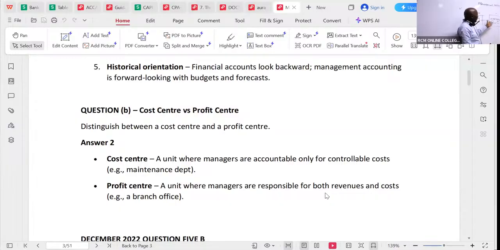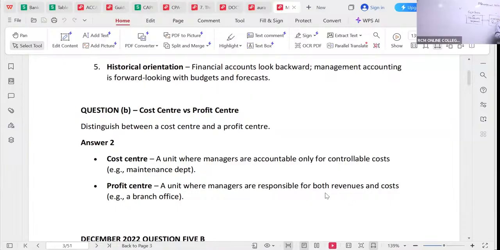Do we invest some of this money in a money market fund? Do we take some of this money into fixed deposits with banks? Do we buy government bonds? So that becomes an investment center.